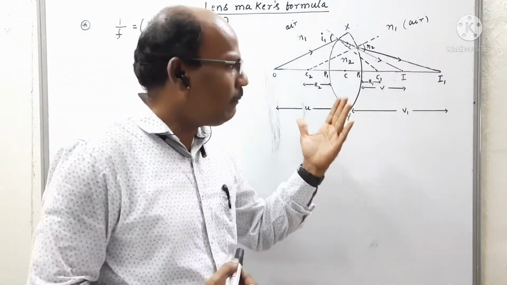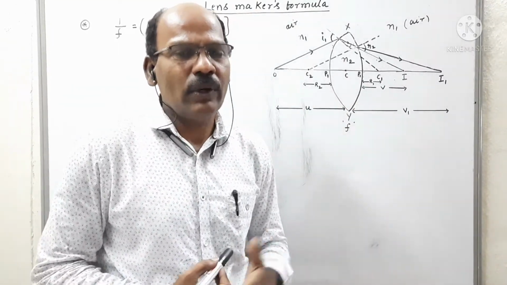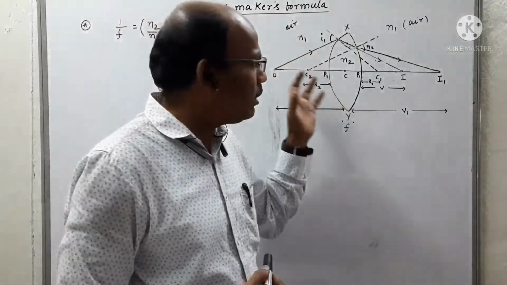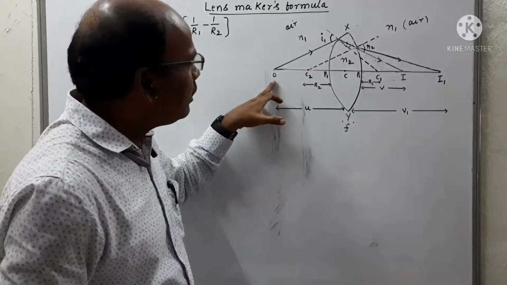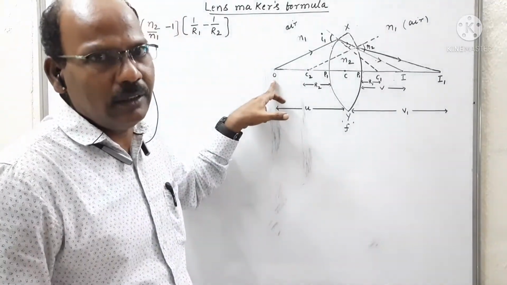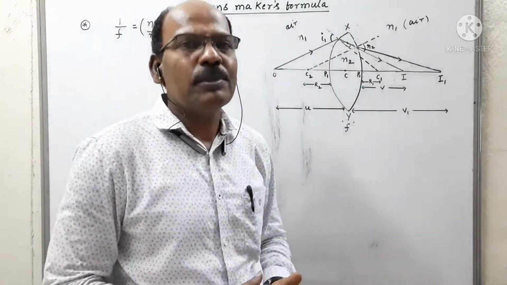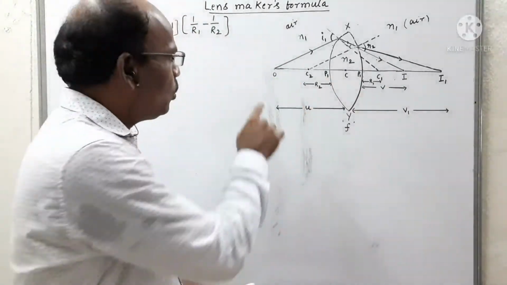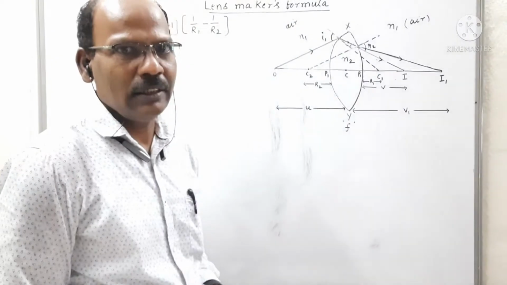Then how are the light rays coming from the point object? So what are the refracted rays that form the image on the principal axis? Observing that, O is the point object which is kept beyond the principal focus, on the principal axis.